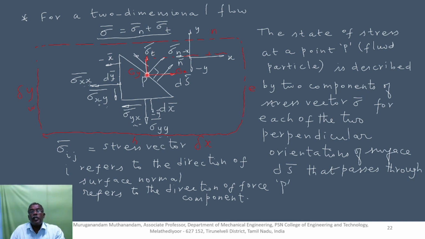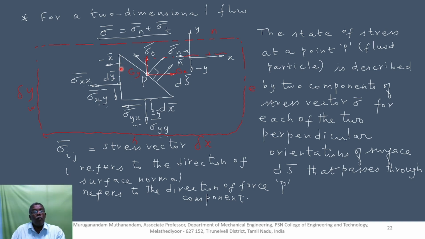So this is the state of the stress at the point P, that is the fluid particle. The fluid particle is represented by point P. It is described by two components of the stress vector for each of the two orientations of the given surface ds. The ds surface has one horizontal orientation, for which the two components are sigma yx and sigma yy.